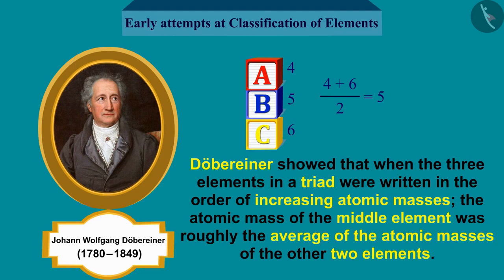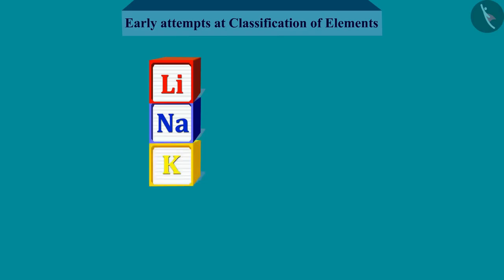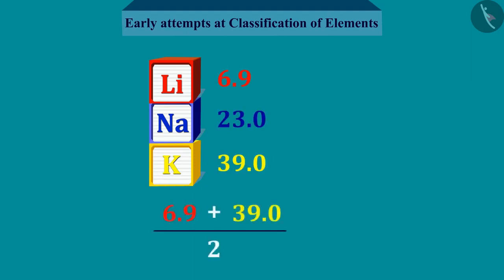For example, take the triad consisting of lithium, Li, sodium, Na, and potassium, K, with the respective atomic masses 6.9, 23.0, and 39.0. The average atomic mass of lithium and potassium is approximately equal to the atomic mass of sodium.